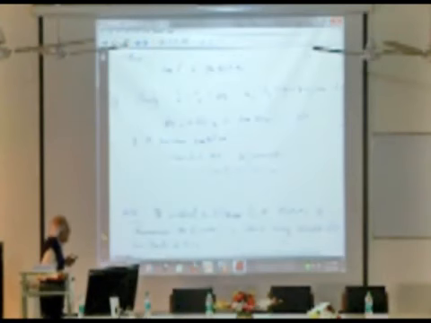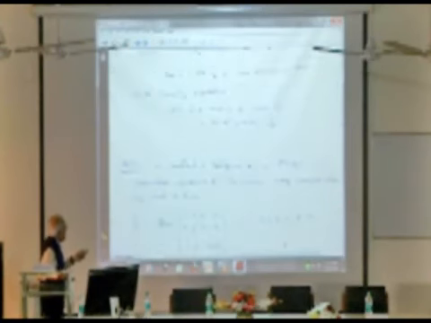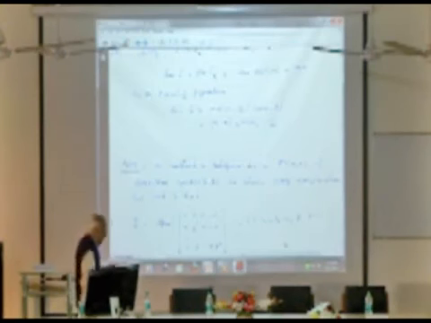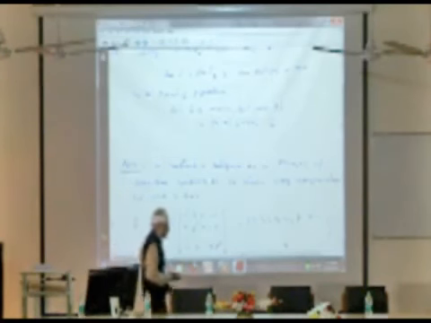But then one can construct a subspace L naught in M by n matrices whose dimension is (M minus K) times (N minus K), in which every non-zero element has got rank greater than or equal to K plus 1.